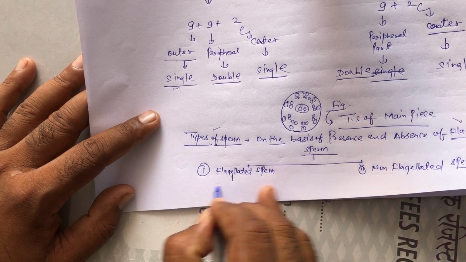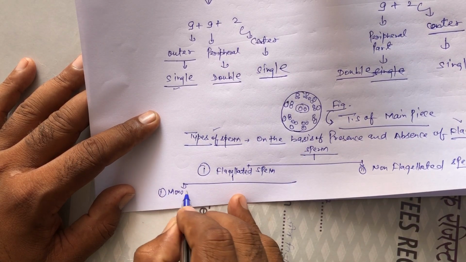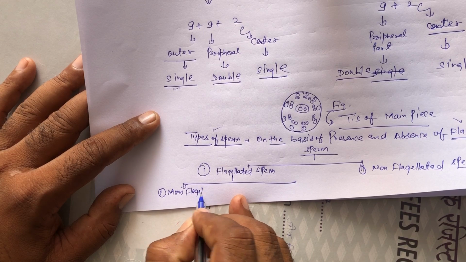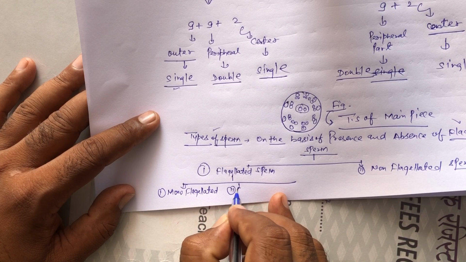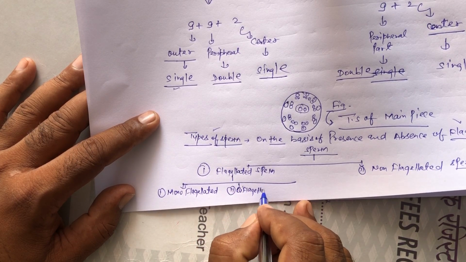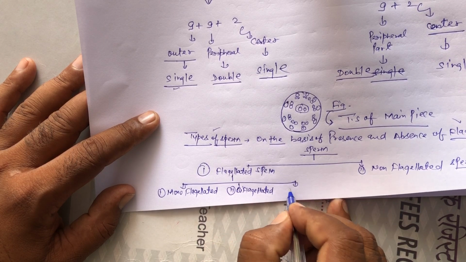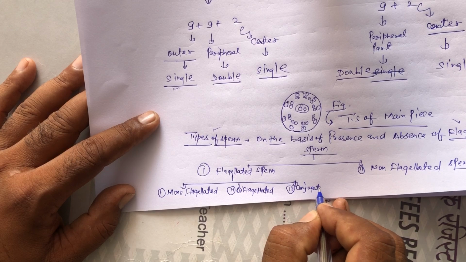Again, types of flagellated sperm: first monoflagellate, second biflagellate, third conjugate.